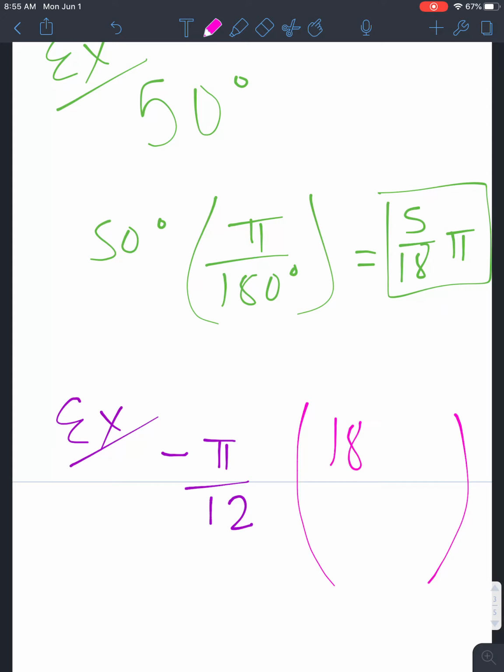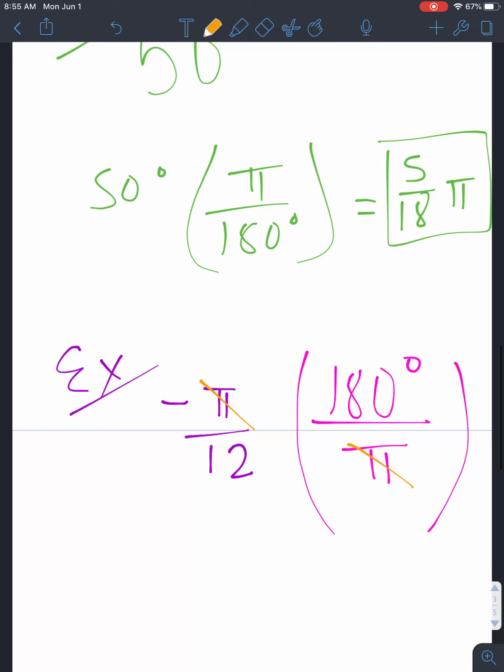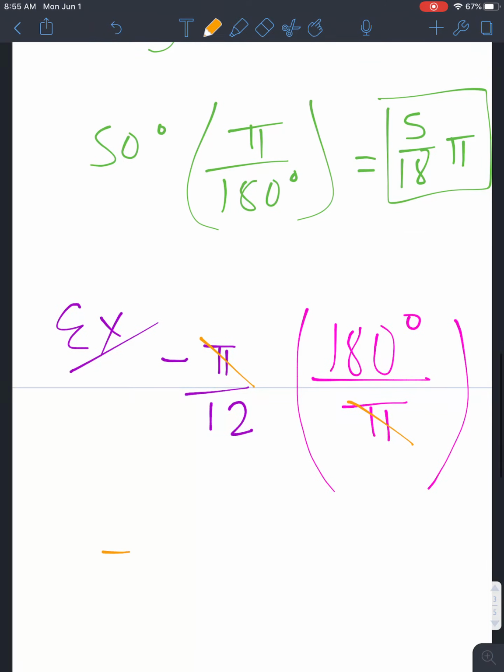Your first step should be to multiply by 180 over pi. The reason you want to do that is because your pi on top cancels your pi on the bottom. So then you're left with negative 180 over 12.